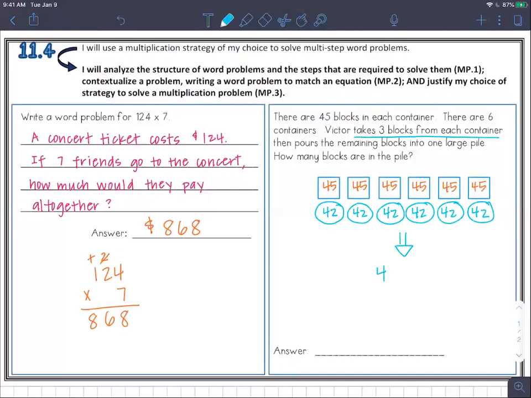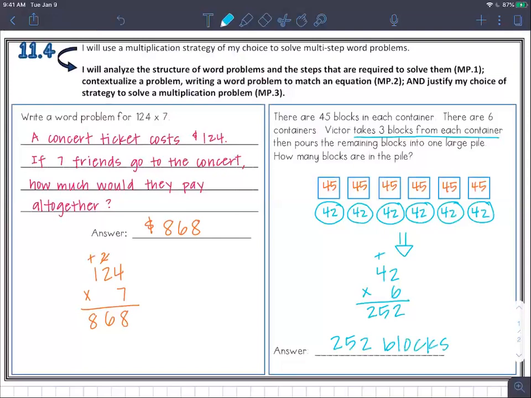That problem is 42 times 6. 2 times 6 is 12. 4 times 6 is 24, 25. Right? So after he removes 3 from each container, he still has 6 containers with 42 each. So he will have 252 blocks in that final pile.